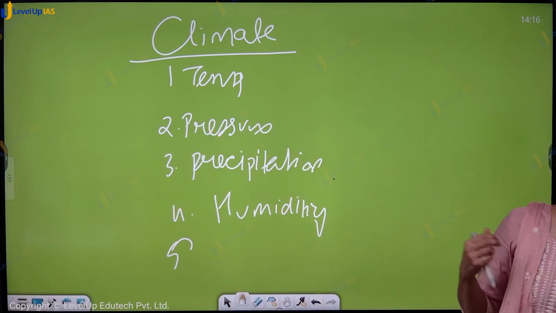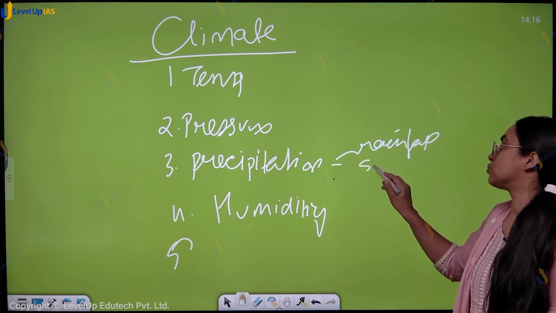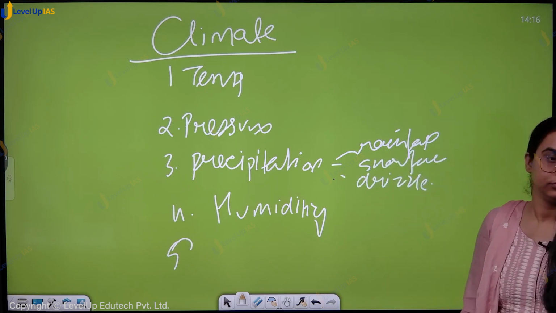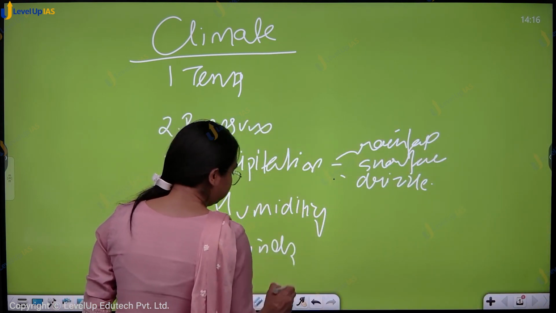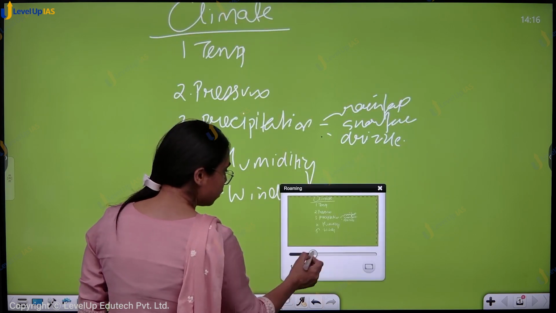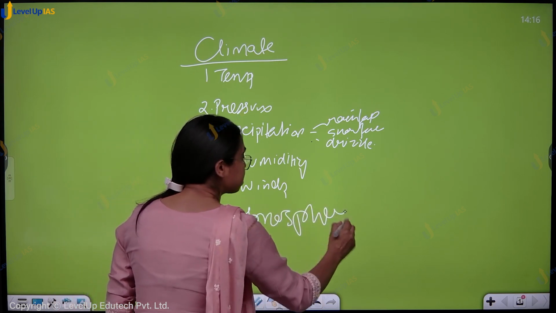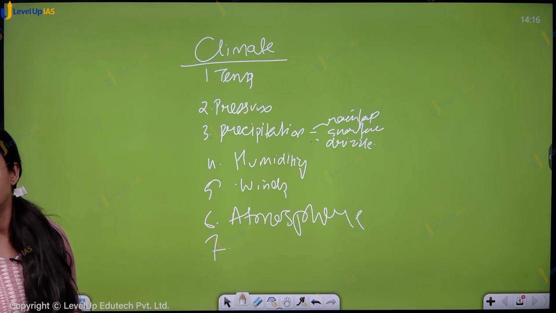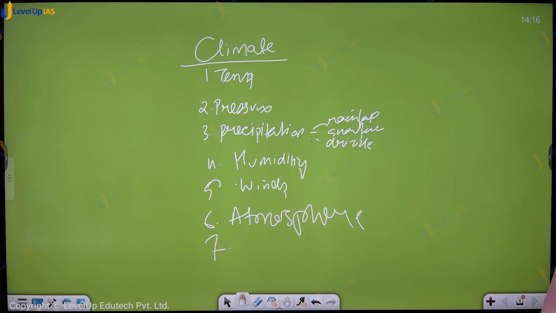Precipitation, rainfall, precipitation, right? One type is rainfall, the other type is snowfall, the other type can be drizzle. Winds, talk about winds. Somebody said atmosphere, wind flow, humidity, ocean.